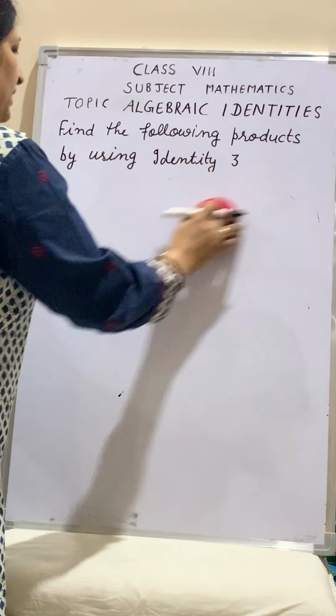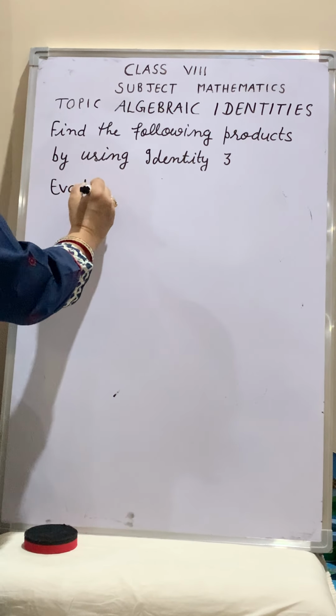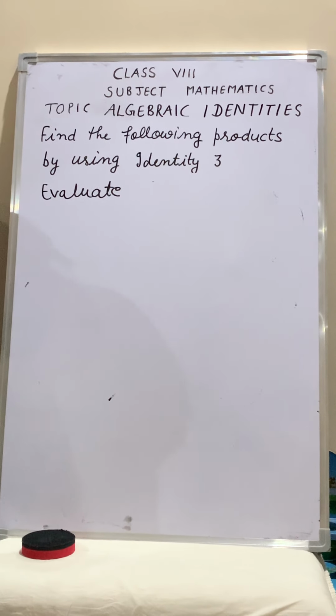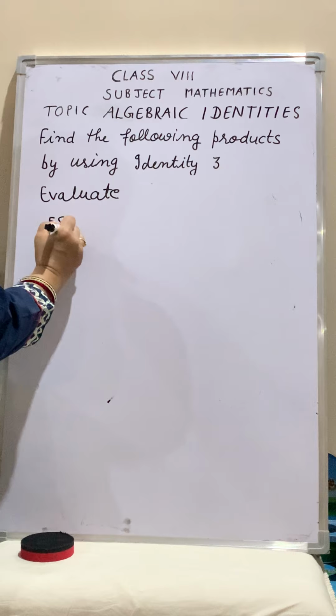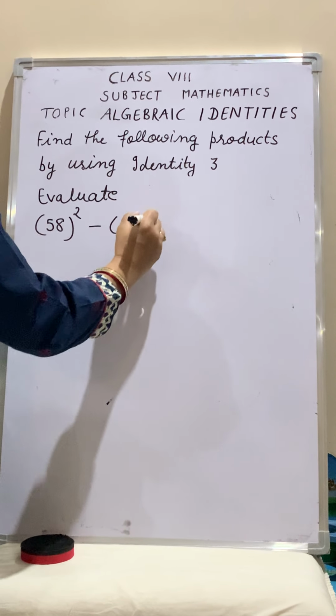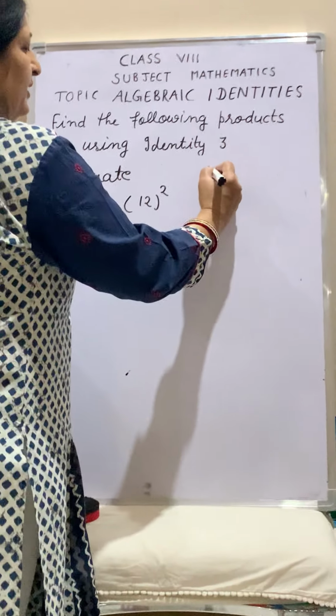If you evaluate 58 whole square minus 12 whole square, then we will use the same identity.